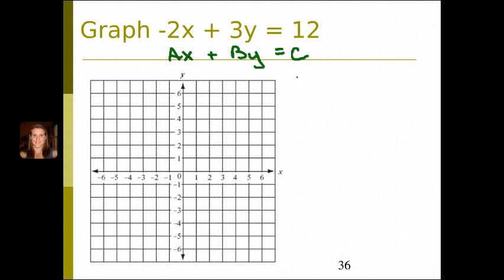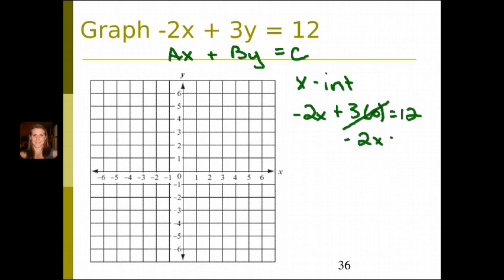So if we're looking for the x-intercept, we would plug in a 0 for the y. If we plug in a 0 for the y, we're left with negative 2x plus 3 times 0 equals 12. Well, 3 times 0 is gone. So you have negative 2x equals 12.